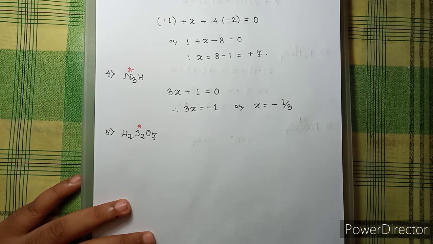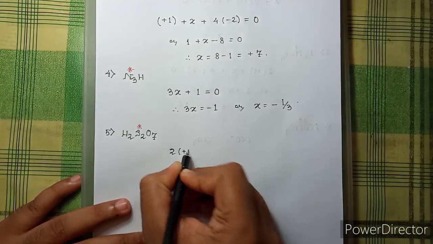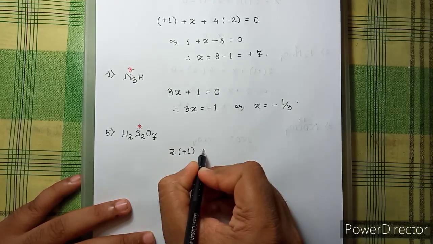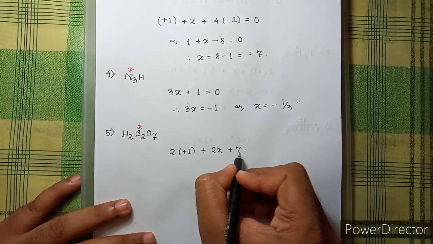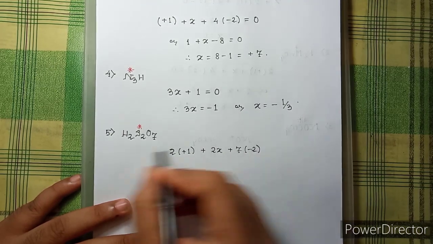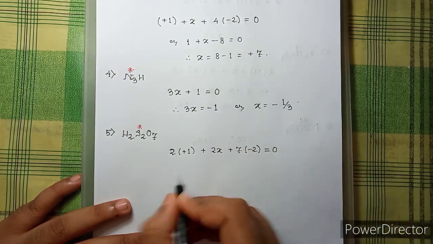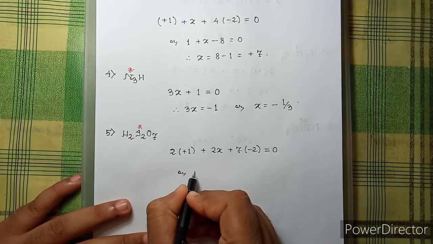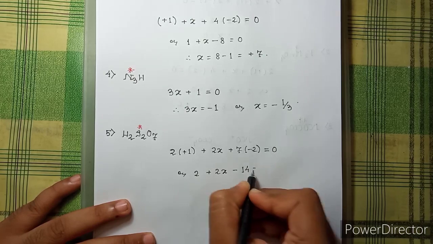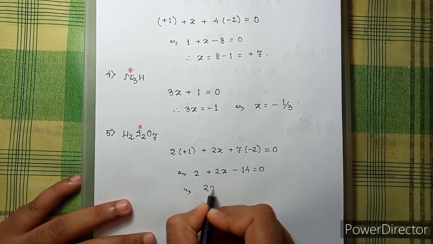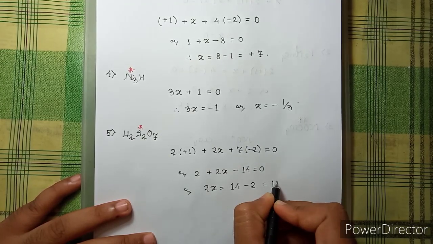Let the oxidation number be X. So 2 into plus 1 for the 2 hydrogen atoms plus 2 into X for the 2 sulfur atoms plus 7 into minus 2 for the 7 oxygen atoms, and the overall oxidation number is 0, or 2 plus 2X minus 14 equals 0, or 2X equals 14 minus 2 equals 12.